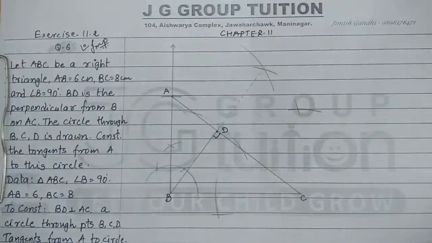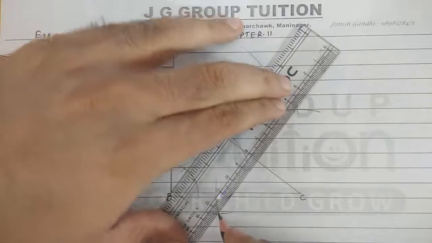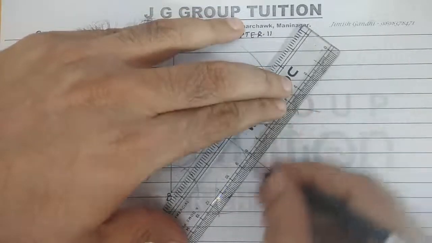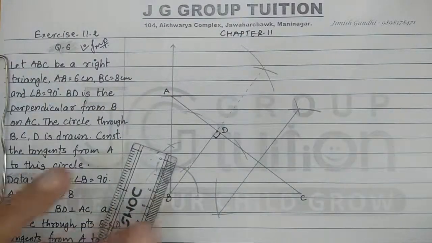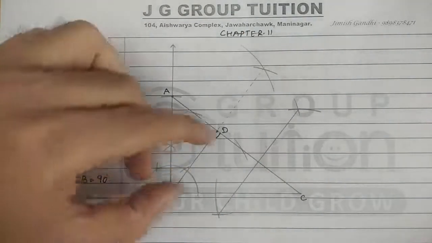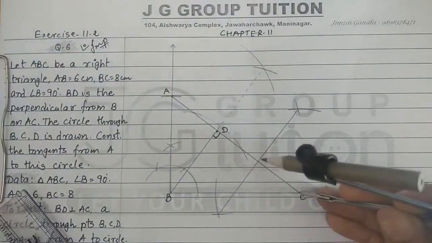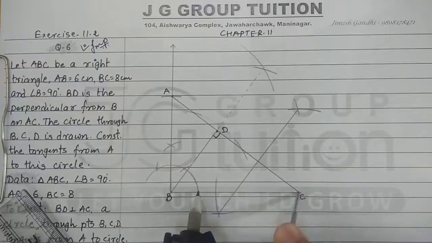So let me join this. So this is the perpendicular bisector of CD. CD का midpoint मिला ये. Again, इधर BD और BC किसी एक का perpendicular bisector बनाइए. Let's do it for BC. So again I am taking the radius more than half of BC.